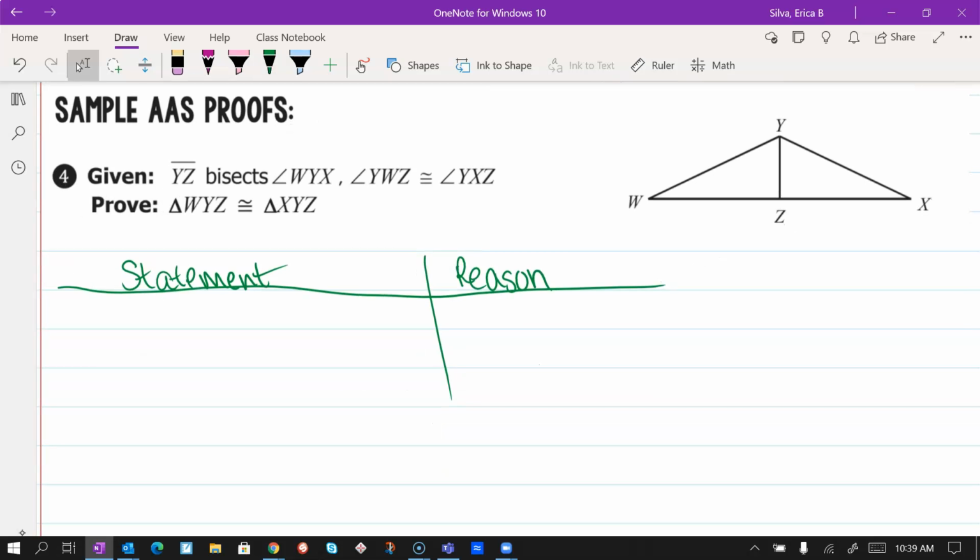All right, so we have YZ bisects angle WYX. So let's look at WYX, and it's telling us that YZ is bisecting it. What does that mean about those two angles?